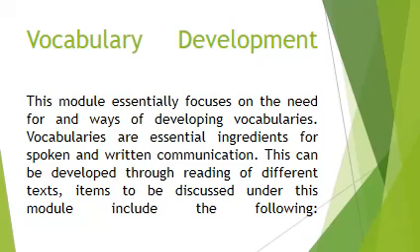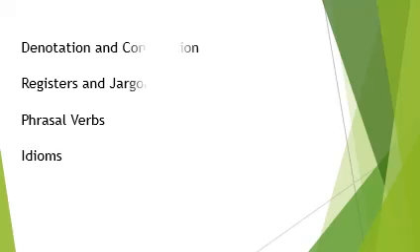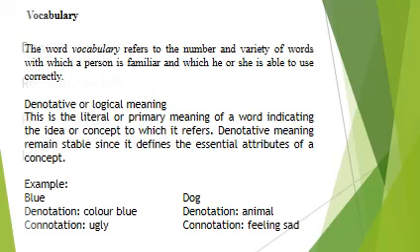The items to be discussed under this module include the following: denotation and connotation meaning, register in jargons, phrasal verbs, and idioms. These are the 4 items we are going to study under this module.